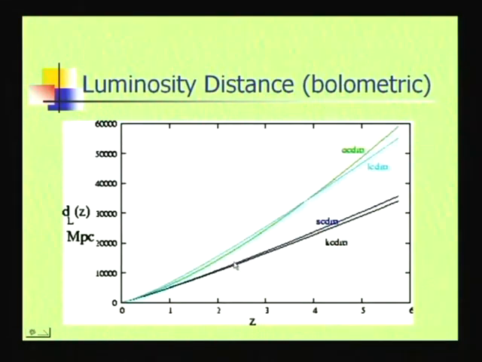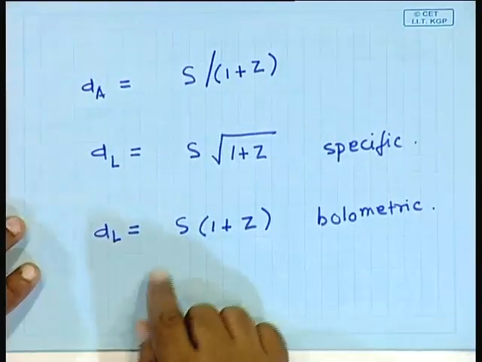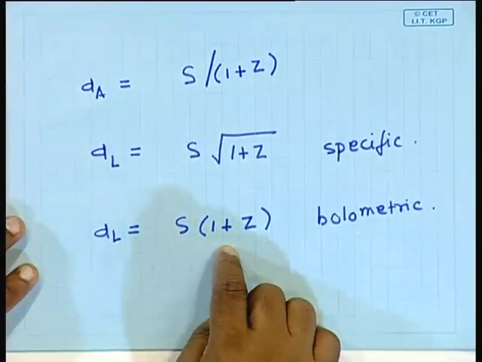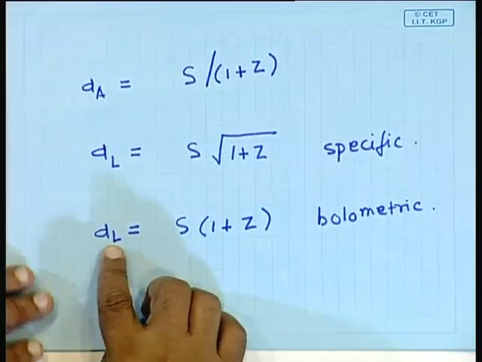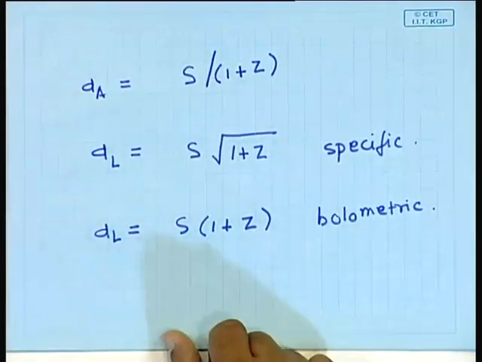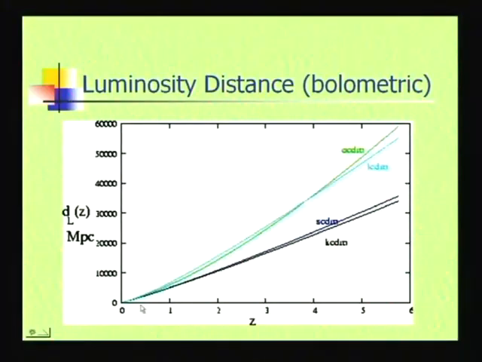Now, the luminosity distance I have shown here is the bolometric luminosity distance based on the bolometric luminosity. This has the property that it increases monotonically with redshift. The higher the redshift, the larger is this luminosity distance, or the fainter the object is. So, this shows you the luminosity distance as a function of redshift. Again, we have these 4 models, the KCDM, SCDM, the LCDM and the OCDM.